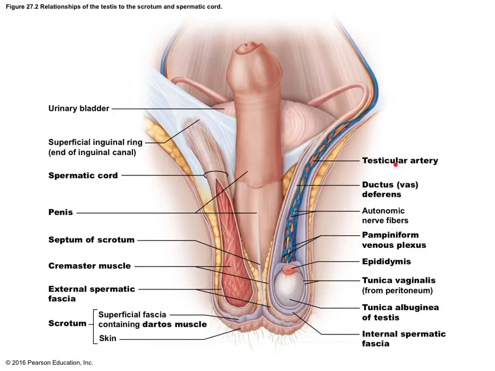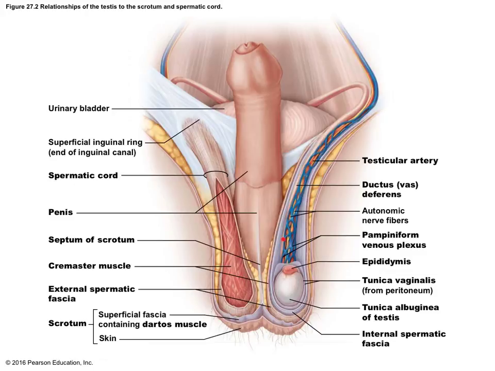We have our arterial blood supply through the testicular artery. Again, this is part of the spermatic cord, along with nerves and lymphatic vessels, and this vein complex here known as the pampiniform venous plexus, which is a network of veins that's going to help cool the arterial blood. If you see, the testicular artery travels through this pampiniform venous plexus.